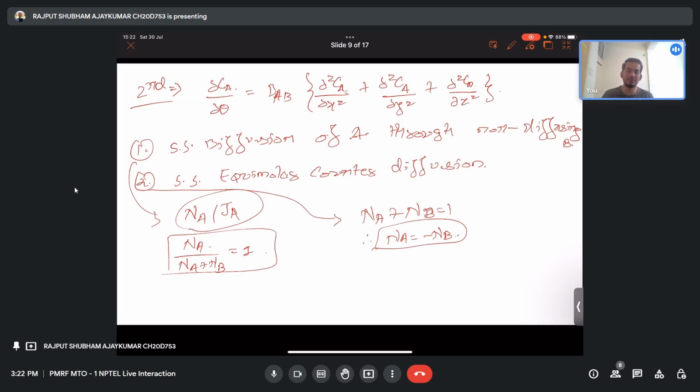Today we covered the basics, Fick's first law, Fick's second law, steady state diffusion of A through non-diffusing B, and equimolar counter diffusion. So we'll do some quick MCQs, just picking A, B, C, D, to see how you have gone through the assignments.